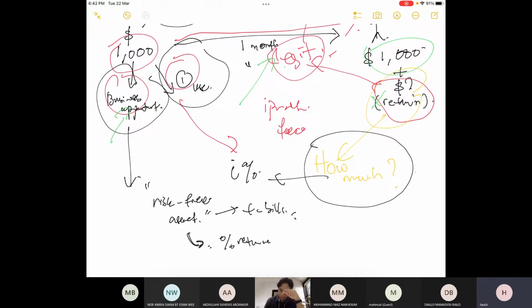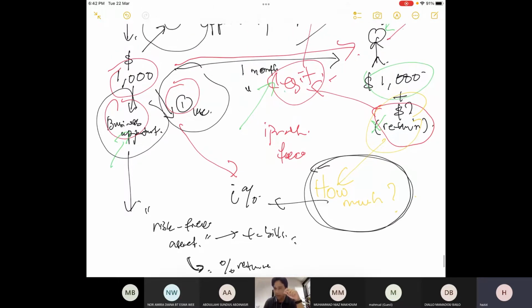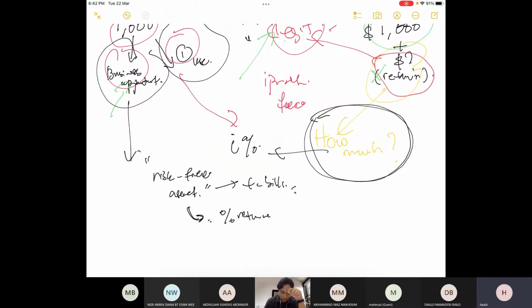So if I want to decide how much return I want to get from this borrower in the earlier case, I should use this risk-free asset as my benchmark. This is how the interest rate concept came about. What do you mean by risk-free?